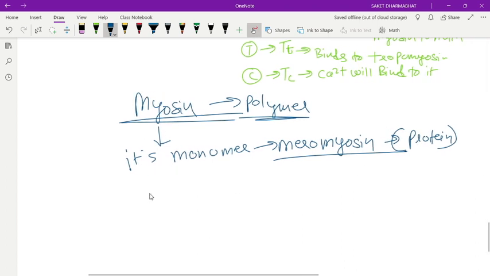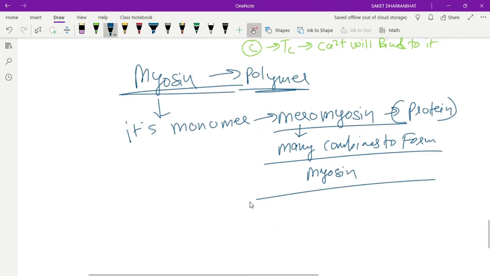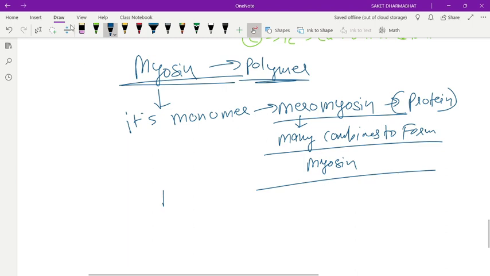So when many meromyosin combine, what will form? Myosin. Many meromyosin combine to form myosin. Okay, now we will see it like this.